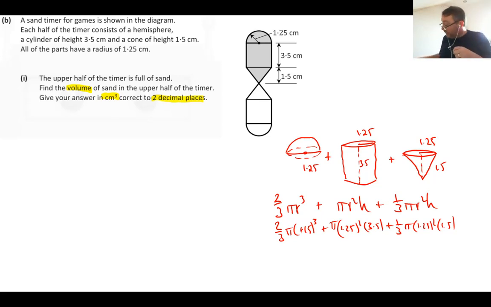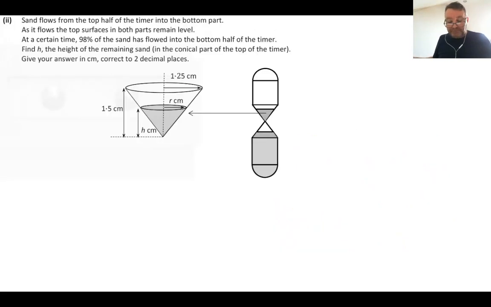If you do that properly, you'll get an answer of 23.73 centimeters cubed to 2 decimal places. So again, very straightforward. Break up the irregular shape into 3 regular shapes, then use the appropriate formulas and work out the total volume.